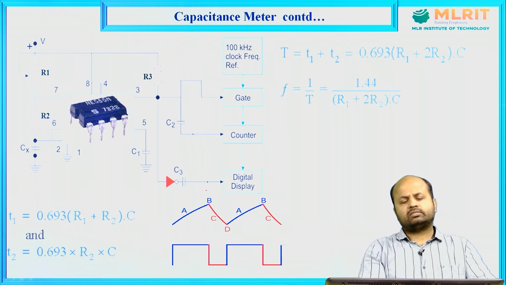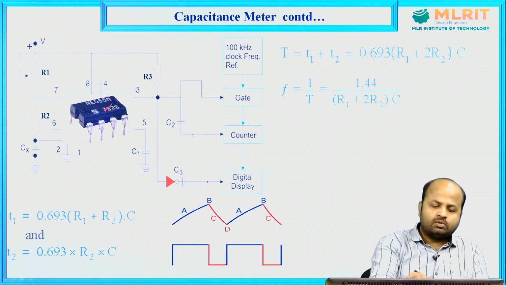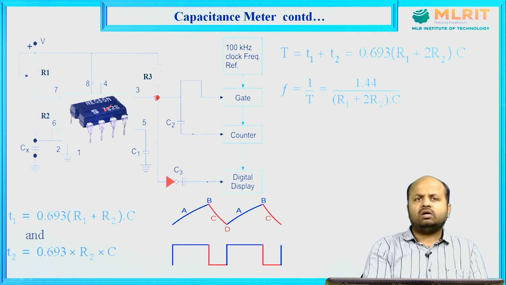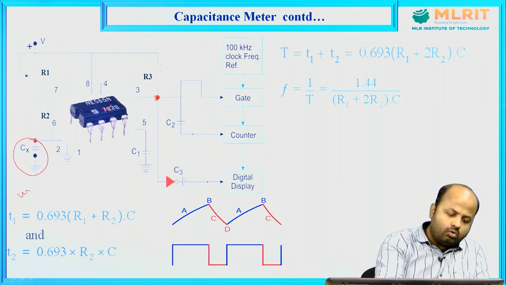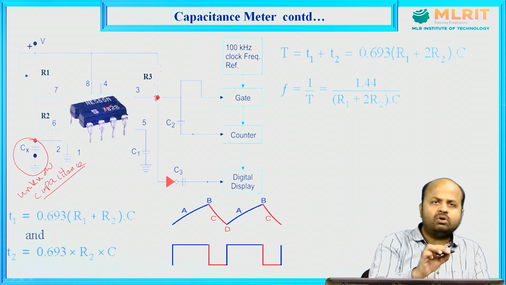Now here we can see that this is the 555 timer, already I discussed. From 3 number pin we are going to take the output. At 2 number pin we have connected one unknown capacitance, and suppose I want to find the value of this unknown capacitance.